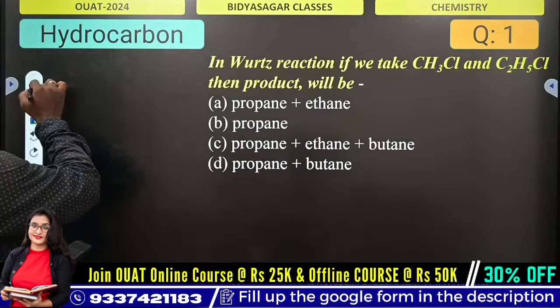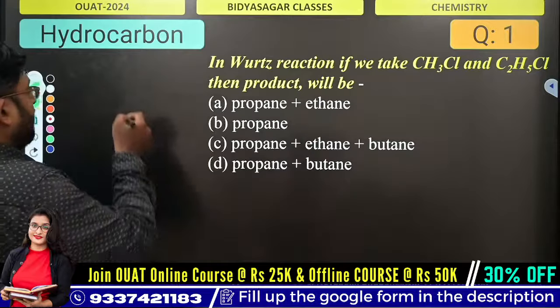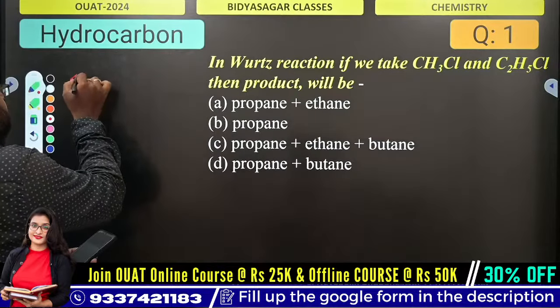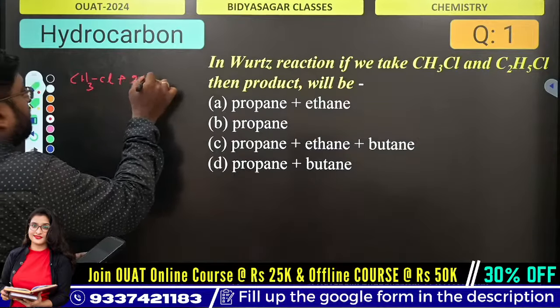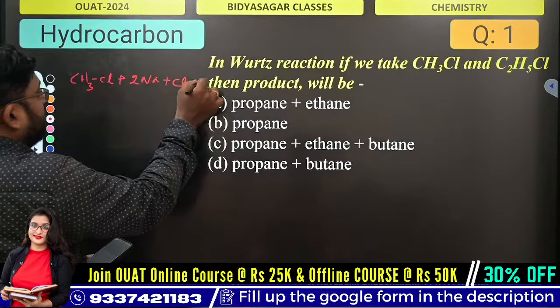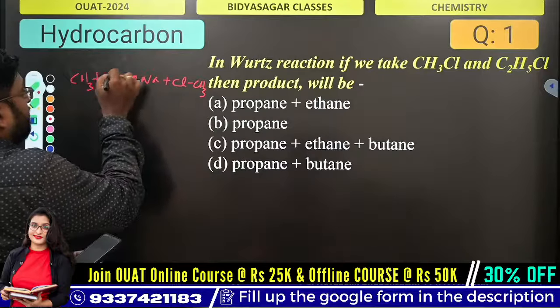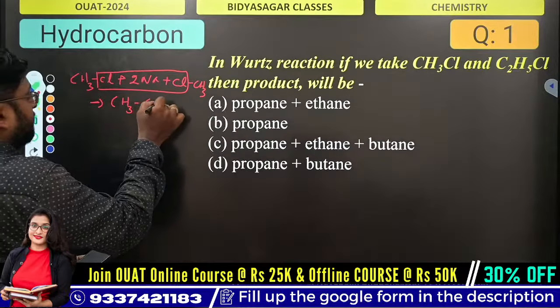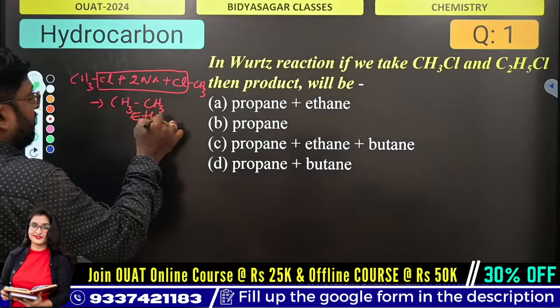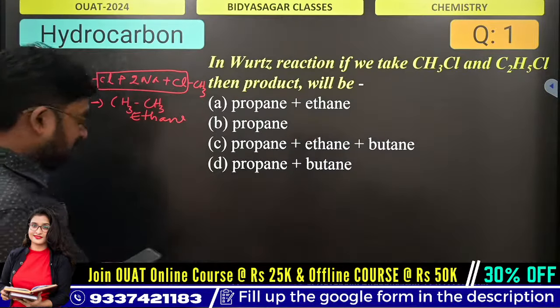so it is a very important reaction. If you will take CH3Cl plus 2Na plus ClCH3, it will give you CH3CH3, ethane.